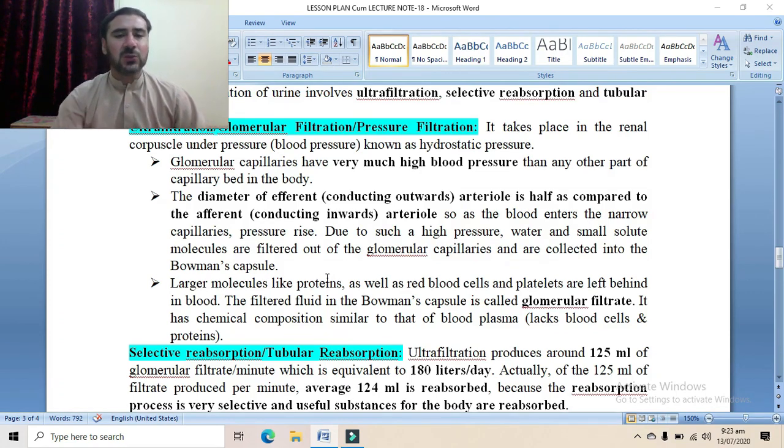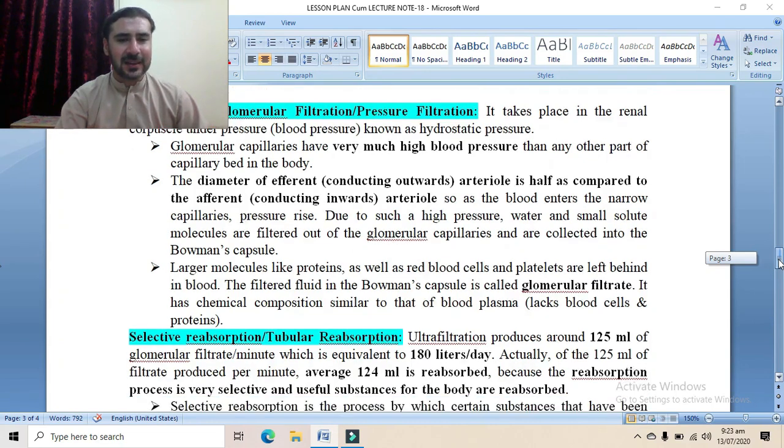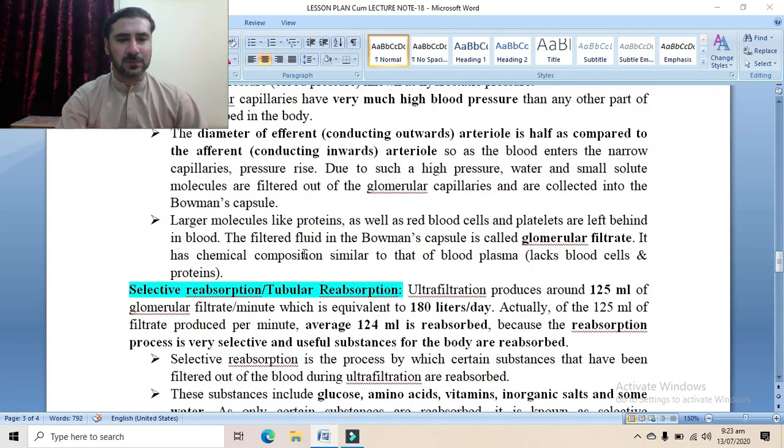So the large molecules are left behind, and the small molecules, water molecules, as well as the solute molecules, the various amino acids, the sugars, the vitamins, etc., they are filtered out and are collected in the Bowman capsule.